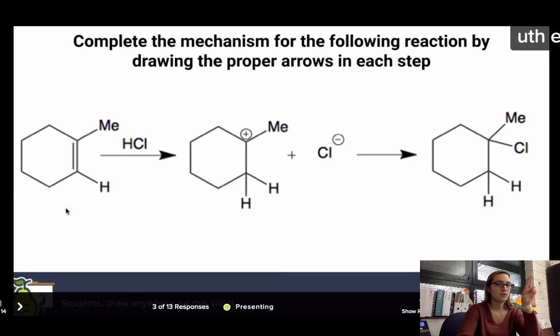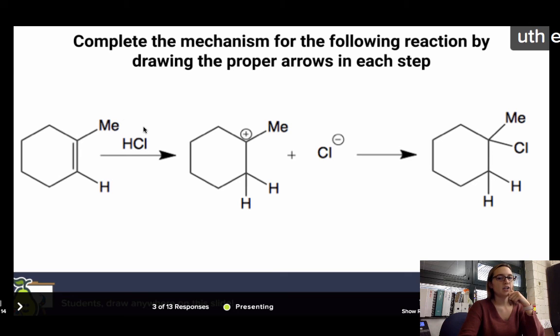So for this first step right here, I should see 2 arrows drawn. Essentially look and see, what has to happen to get from what we have on the left here to what we have in the center? And then what has to happen here in the center to get what we have here on the right?